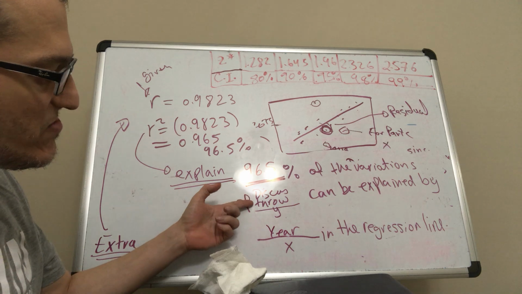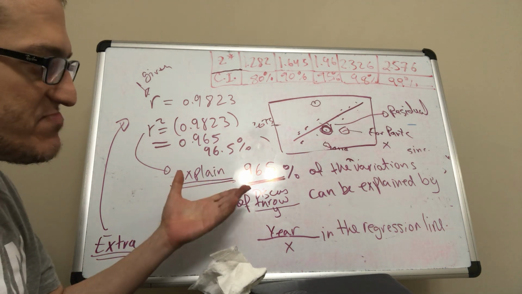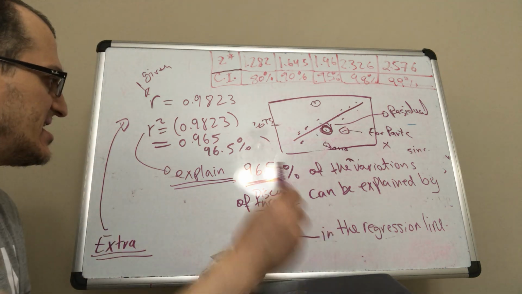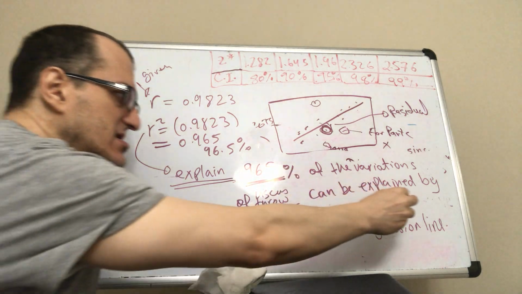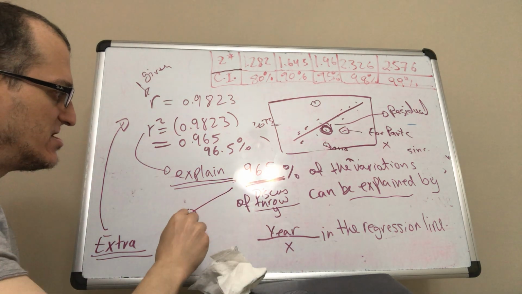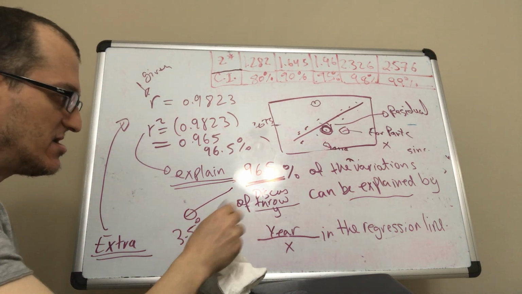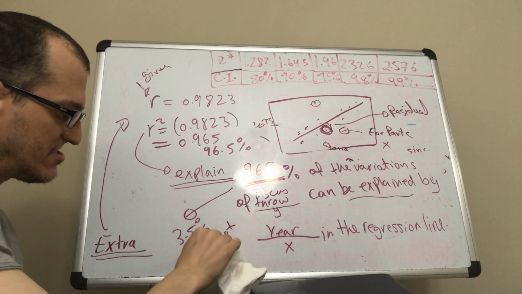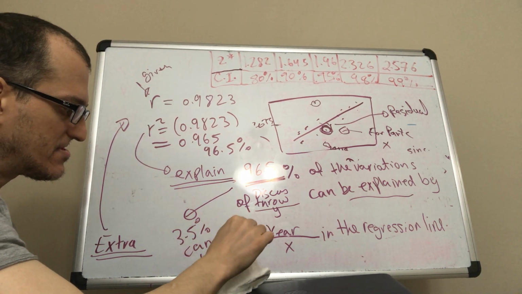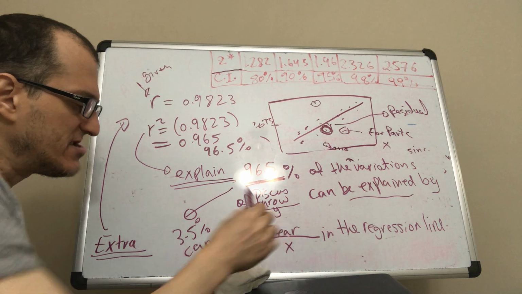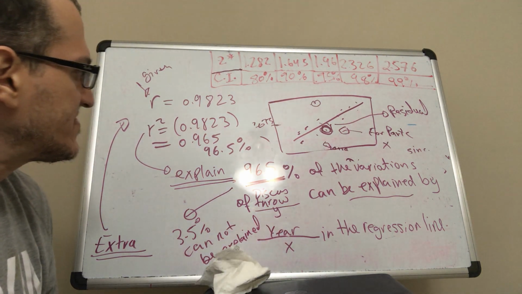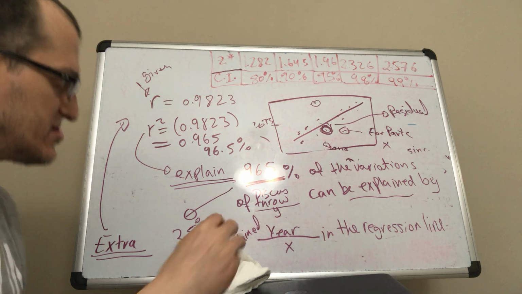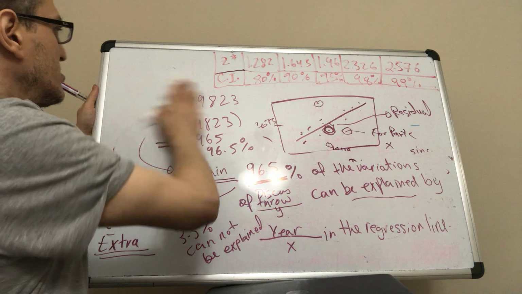So what Y is, what X is, and what percentage is, that's the only thing that you change. Everything is the same. And if 96.5 can be explained, 3.5%, which was what's left, cannot be explained. I think this covers everything you need to know for regression, which is the first question. So we go to question 2.